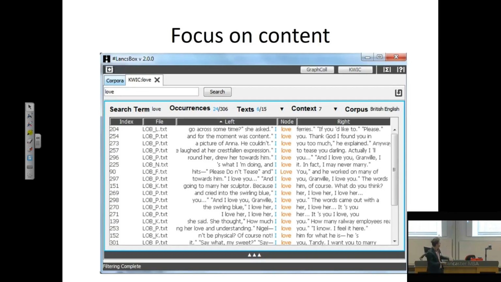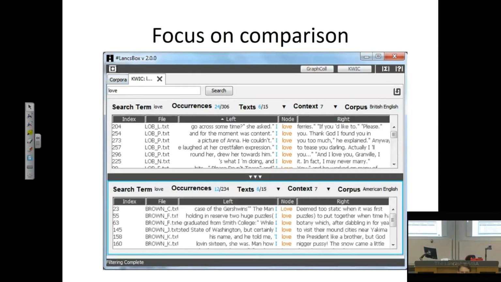So that's one of the reasons why the tool itself is in shades of gray, grayscale, whereas the data is displayed with color. So the tool is in the background, the data is in the foreground. So that is one of the principles of the development.